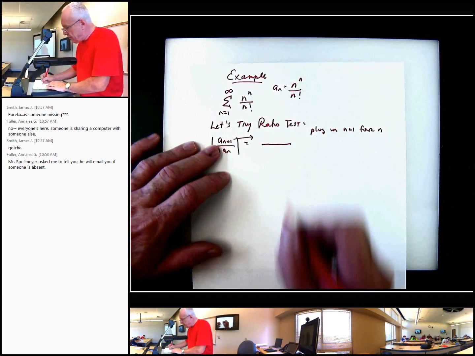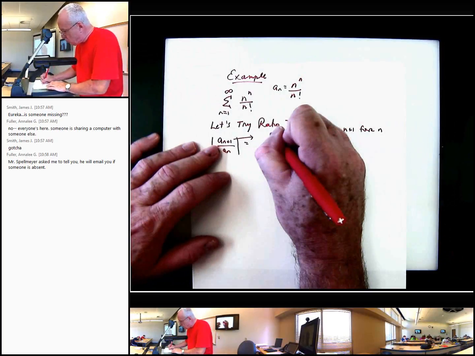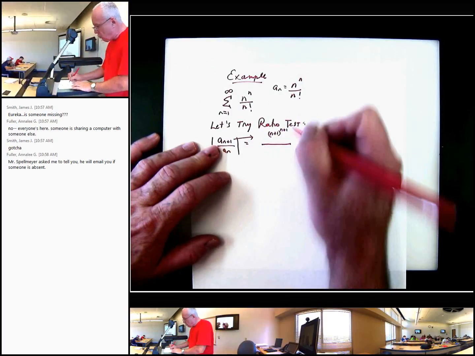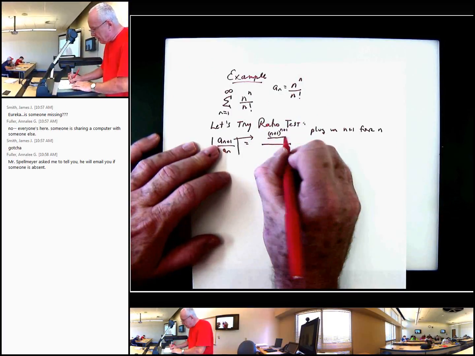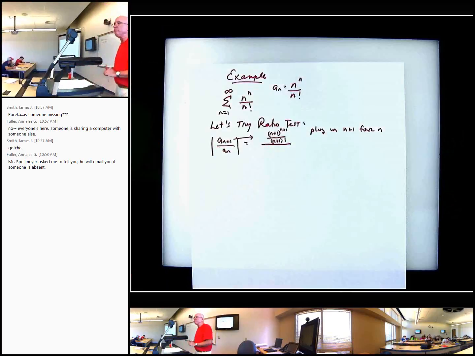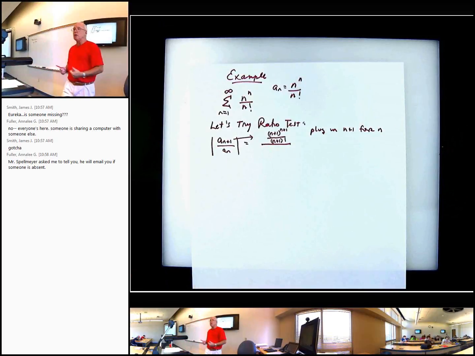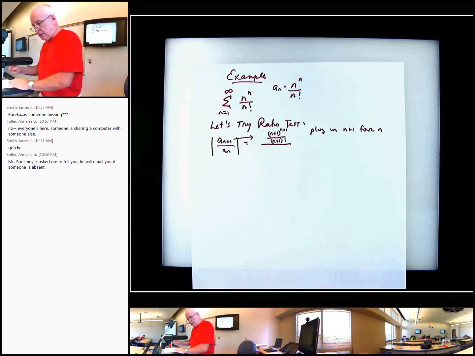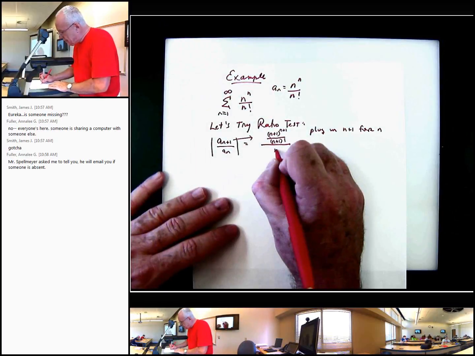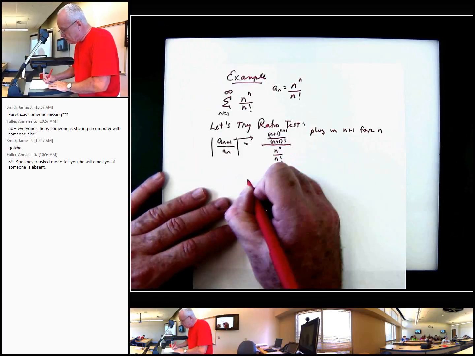So what do I have here? I have n plus 1 raised to the n plus 1 power divided by n plus 1 in parentheses factorial. Every place there's an n, got to replace it with an n plus 1. And then I divide it by my a sub n, which is just n to the n over n factorial.